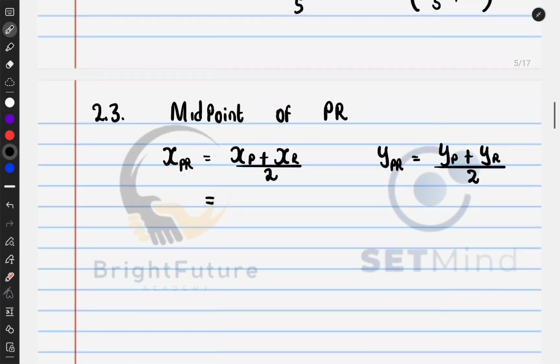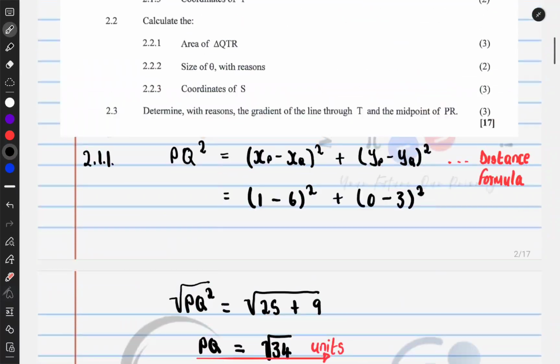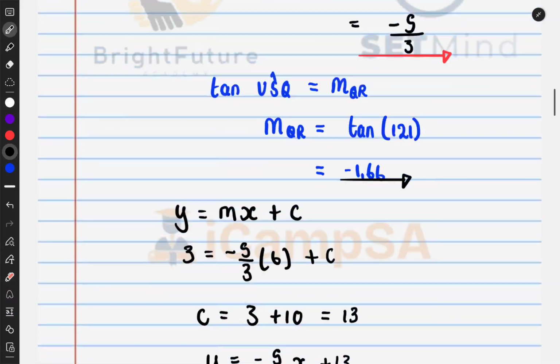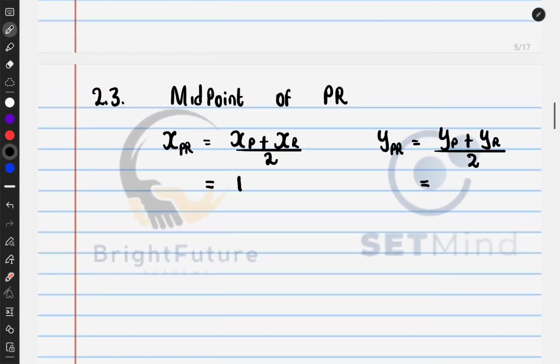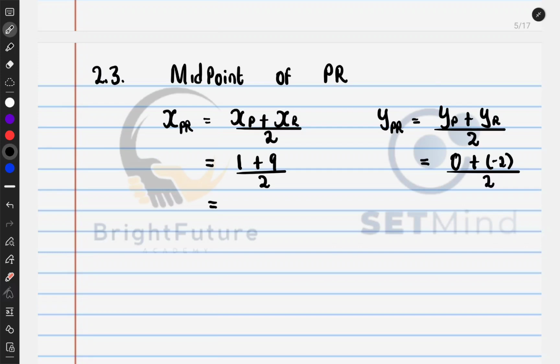The x values are 1 and 9, so it's 1 plus 9 divided by 2, and the y values are 0 plus -2 divided by 2. Therefore 1 plus 9 is 10 divided by 2, we have 5, and 0 minus 2 divided by 2, we have -1.